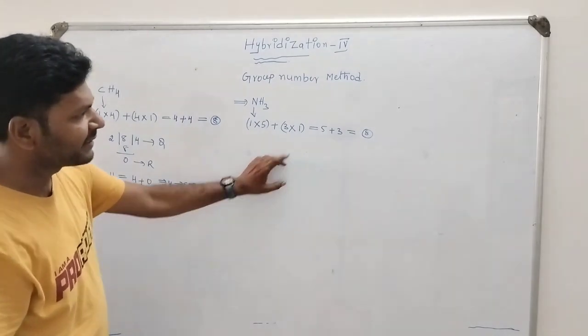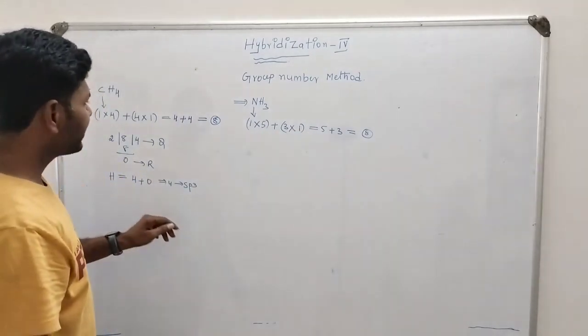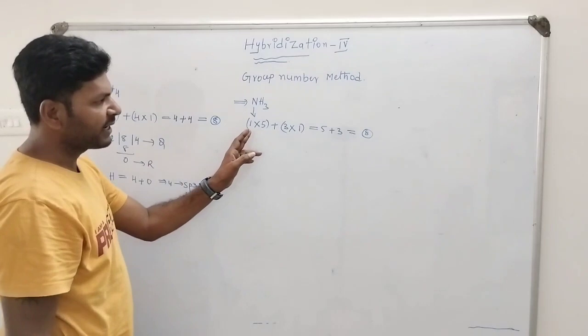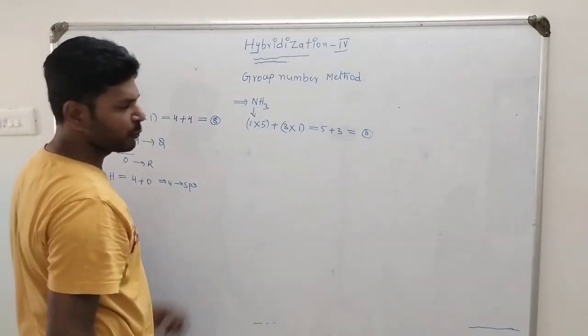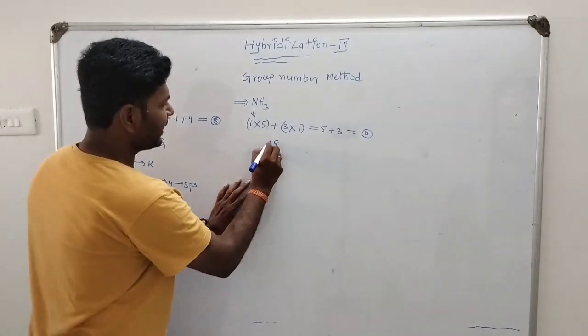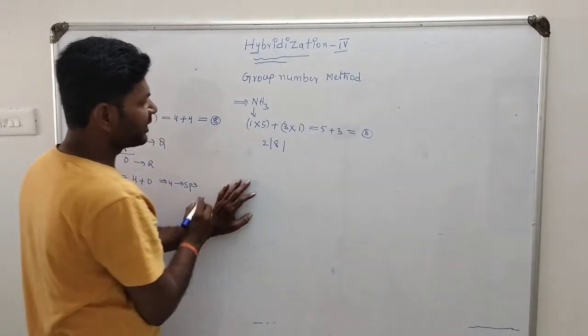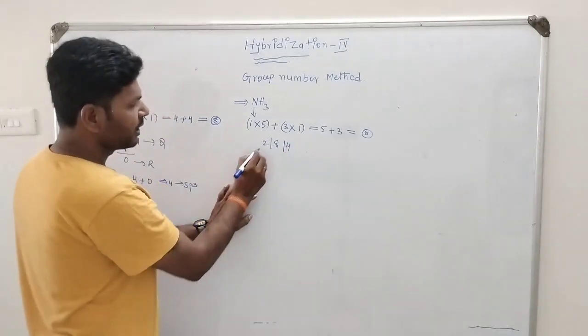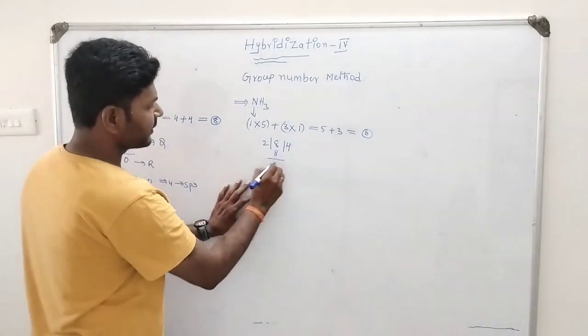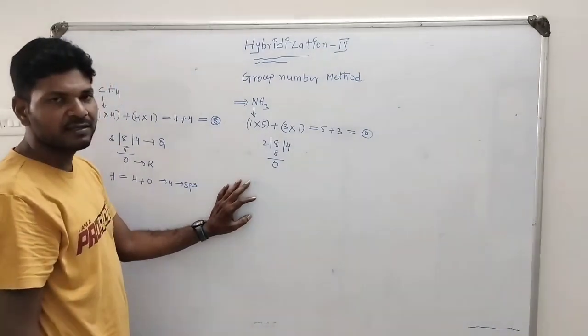So these 8 electrons are divided by 2. If the valence electrons are between 2 to 8, we divide by 2. How many times do we need to cancel? 4 times. 2, 4, 8. So the remainder is 0.